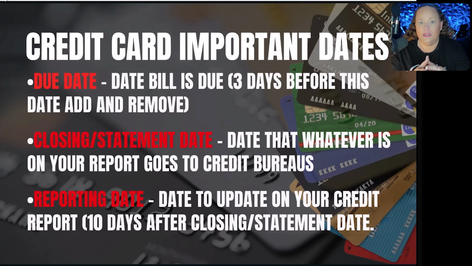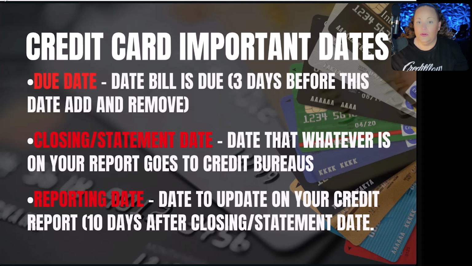So say for example, you have a credit card and the statement date ends on the 15th. If you add someone to that credit card, or if you're being added to a trade line, it's important to understand no matter what, okay? And some people lie and some people are dishonest. I'm telling you guys, I've been doing this a long time. The trade line reports within 10 business days.